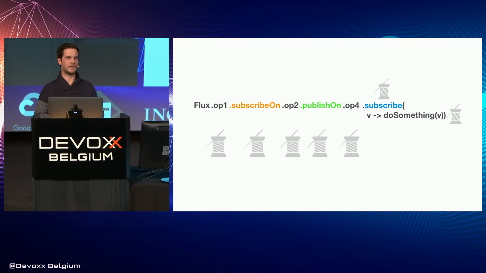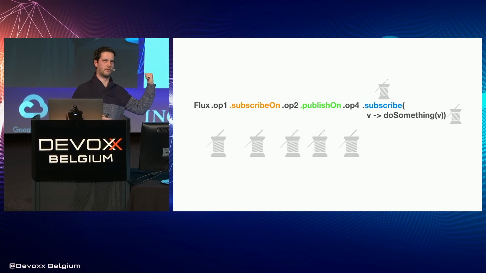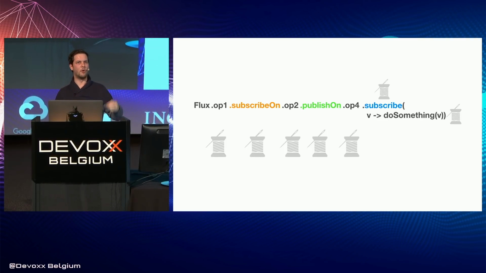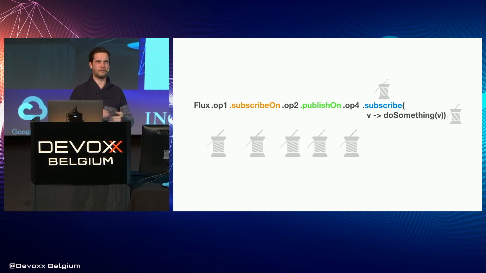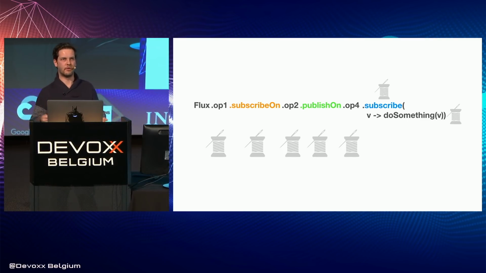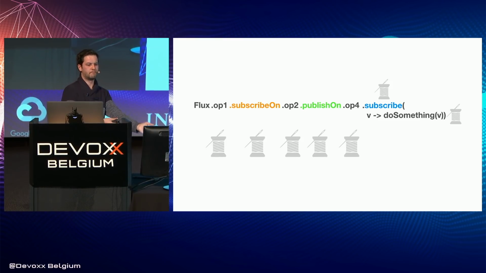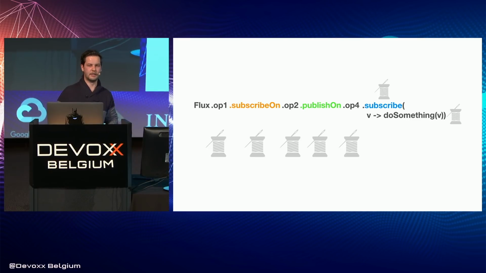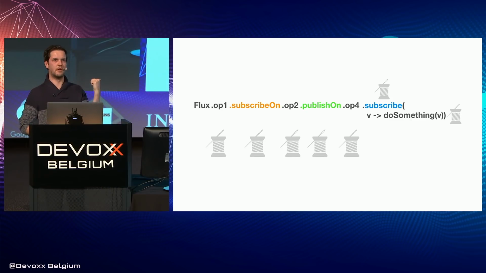So, if it was byte arrays in the Flux, the source, but OP1 and OP2 and OP3 and OP4 finally transform that, refine that, apply Jackson, for instance, to deserialize, and you get a user object. Then this lambda in the subscribe gets a user object, the final form of your data. So, care to guess what happens in terms of threads?